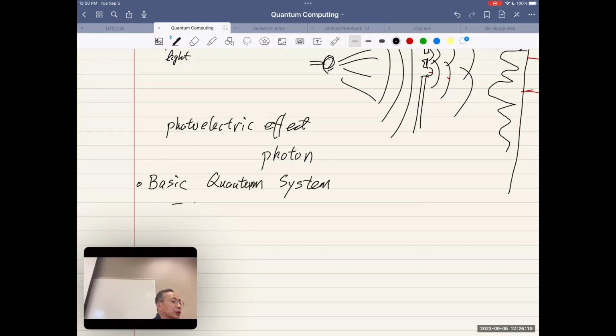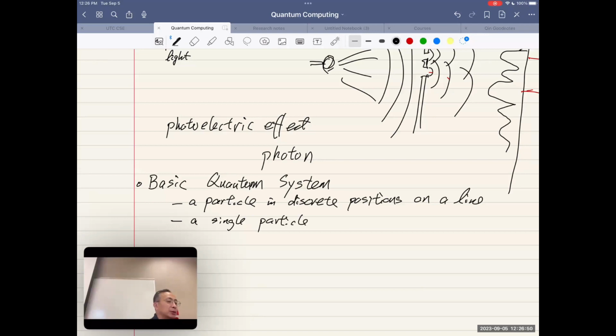A particle in discrete positions on a line, and it's also a single particle spin system.